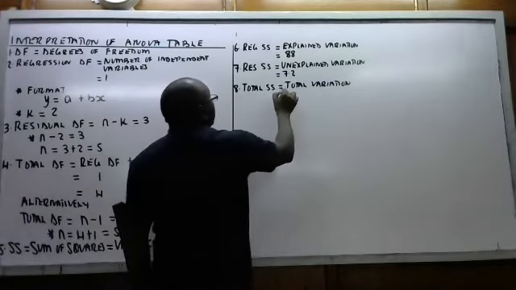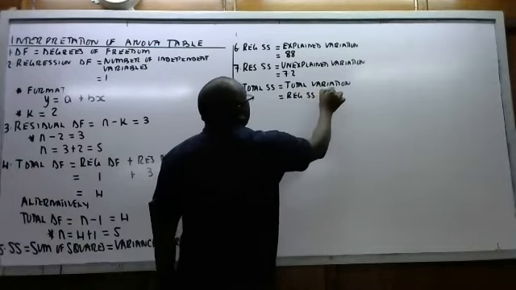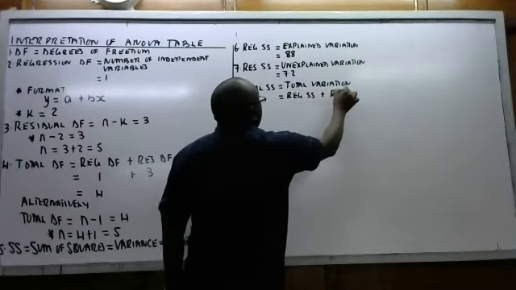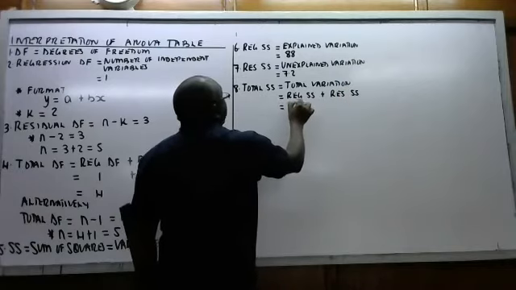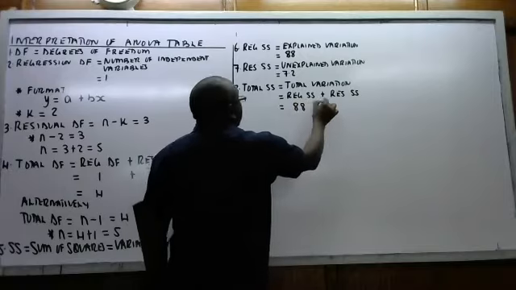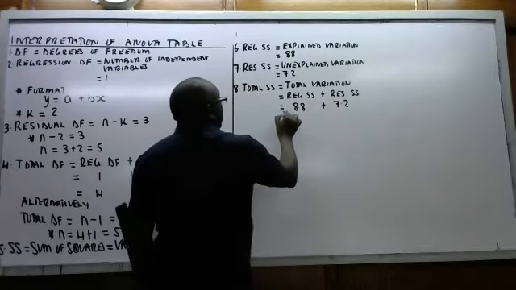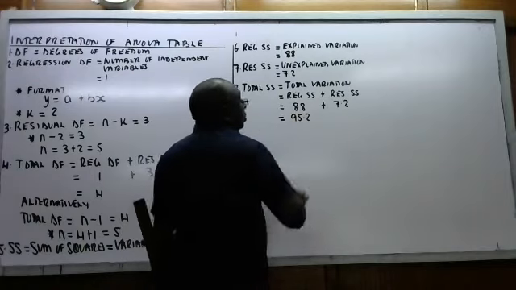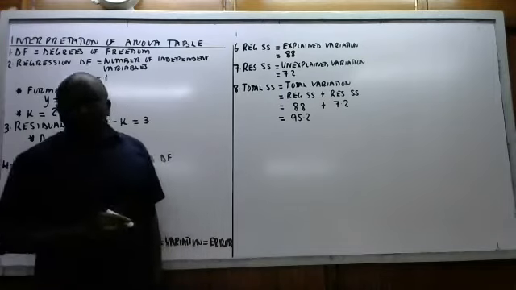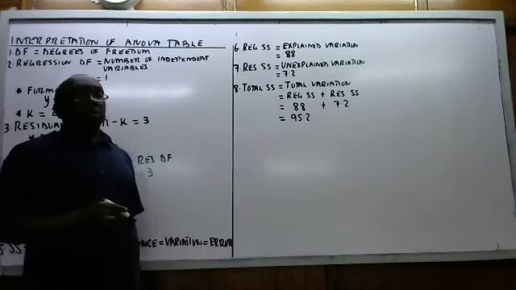And this total variation is given as the regression SS plus residual SS. And if you took 88 and added to 7.2, the answer will be 95.2, which is the one that is given down there as total SS. Is that so? Good.